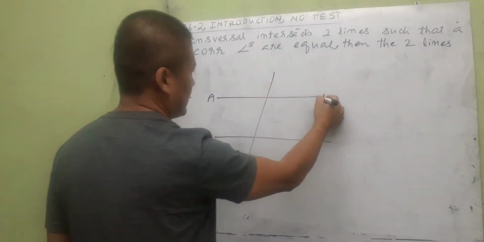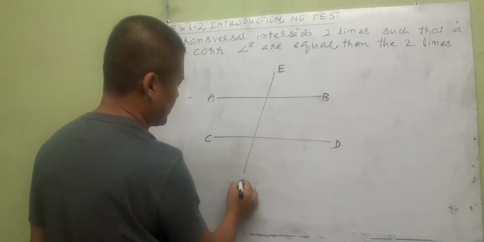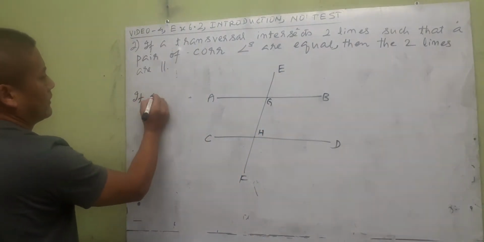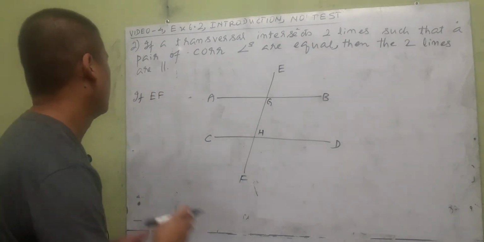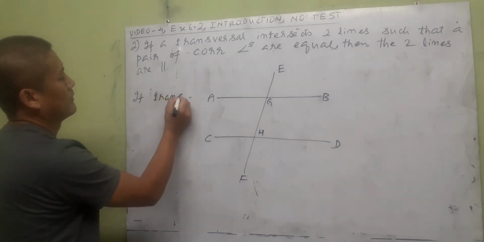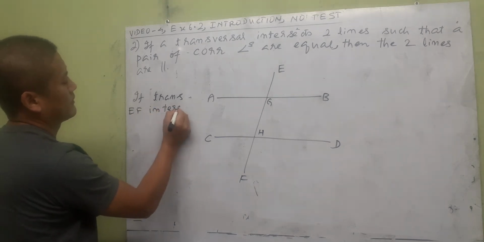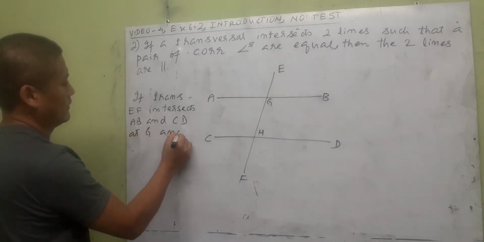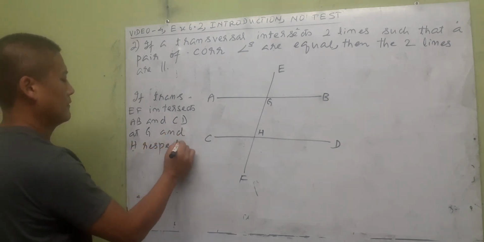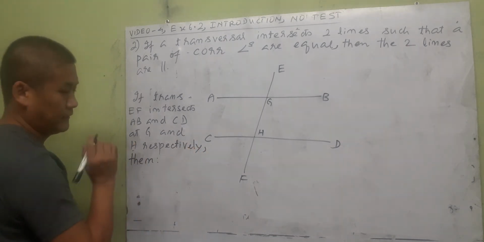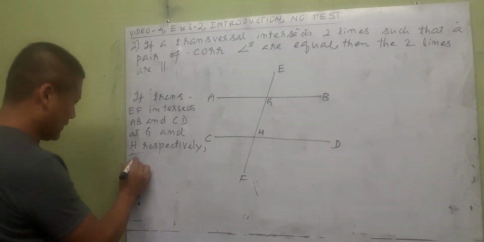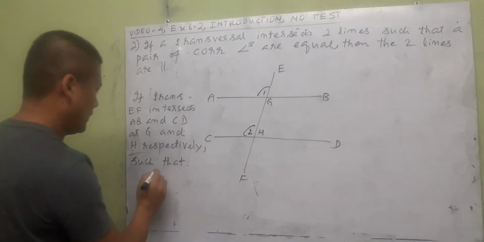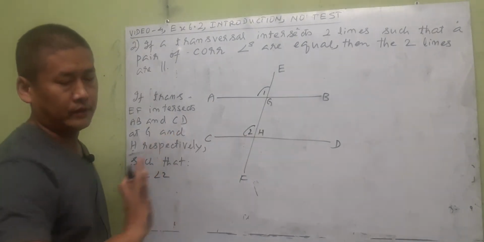Two lines are given, let us say AB and CD, cut by a transversal EF at G and H. What this theorem is saying is, if the transversal EF intersects AB and CD at G and H respectively, such that any one pair of corresponding angles, that means this and this, corresponding up on the right, 1 equal to 2, or it can be 3 equal to 4, any one pair is enough.